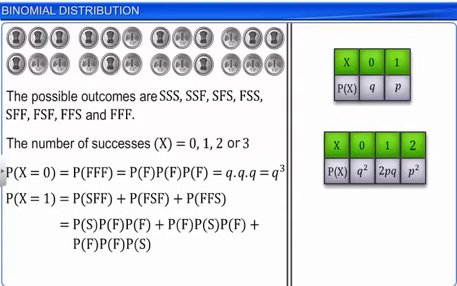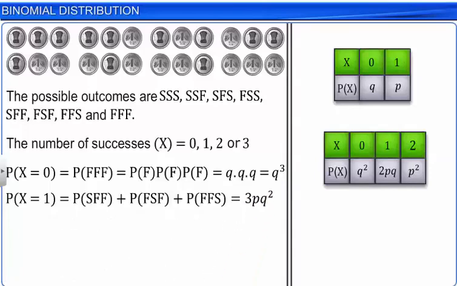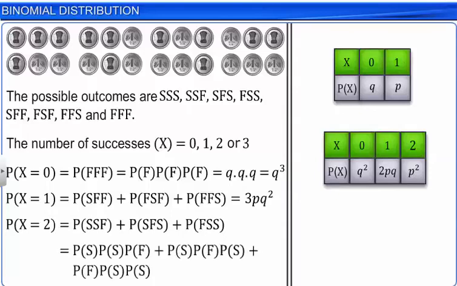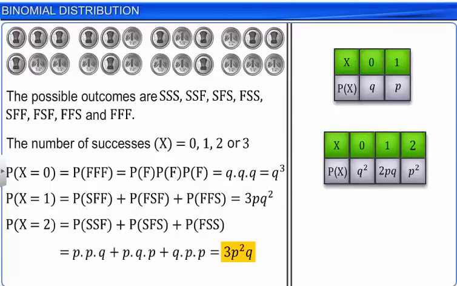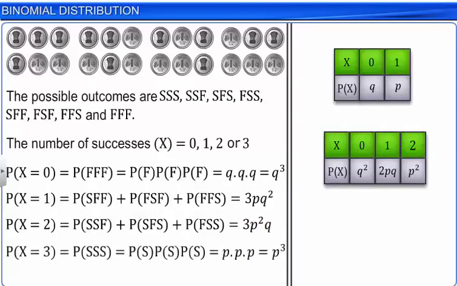The probability that X can take the value 2 is the sum of the probabilities of the occurrences of the events having two successes, which is 3P squared Q. The probability that X can take the value 3 is the probability of the occurrence of SSS, which is P cubed. Therefore, the probability distribution of X when the coin is tossed thrice is as shown.